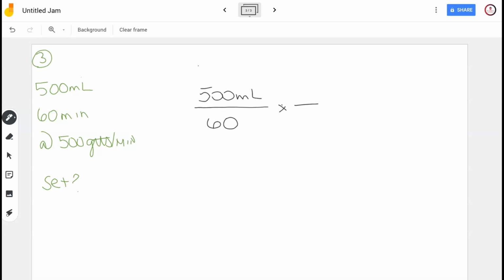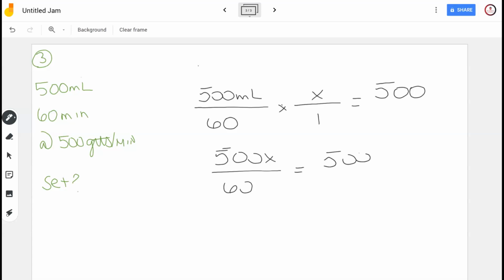You are looking for X, and you have 500 here. So that means it's 500X over 60 equals 500 over 1.